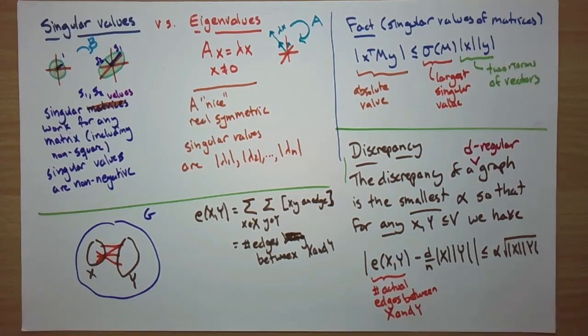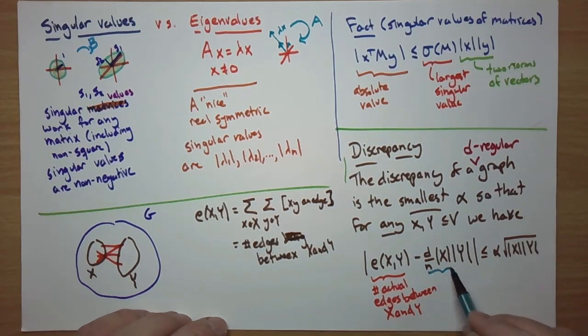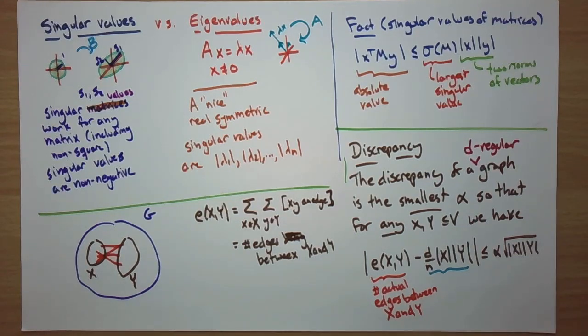Now we come to the second term, this d over n, size of x, size of y. Well, what would that count? Just, what do you think it should count? I feel like degree over total number of vertices?